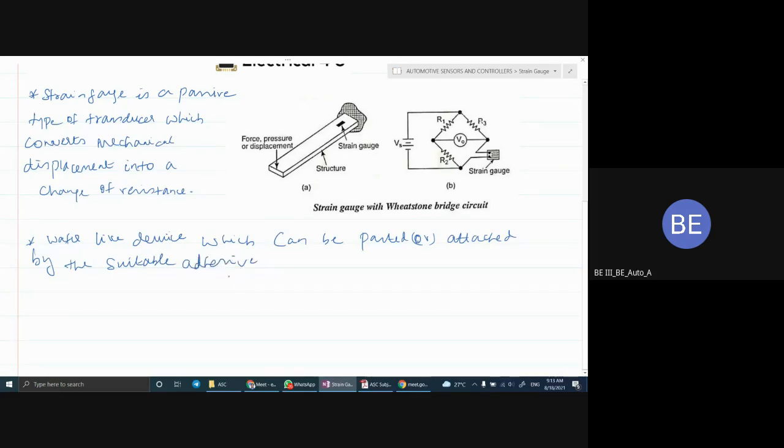What do you mean by this adhesive? Means the paste, or gum-like arrangement, to measure the applied strain. So this is a wafer-like device used to attach on the substance that we are going to measure, or to measure the strain. That is called the strain gauge.